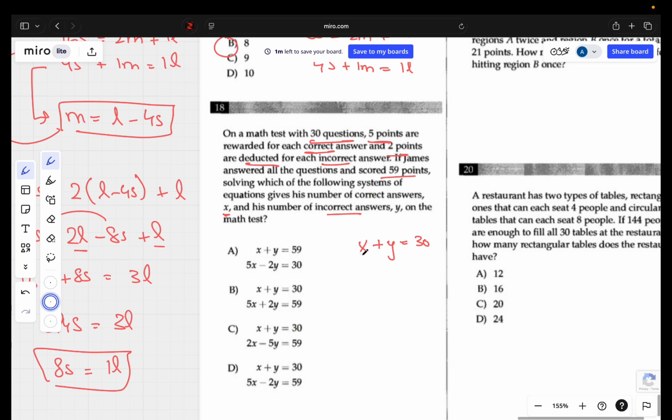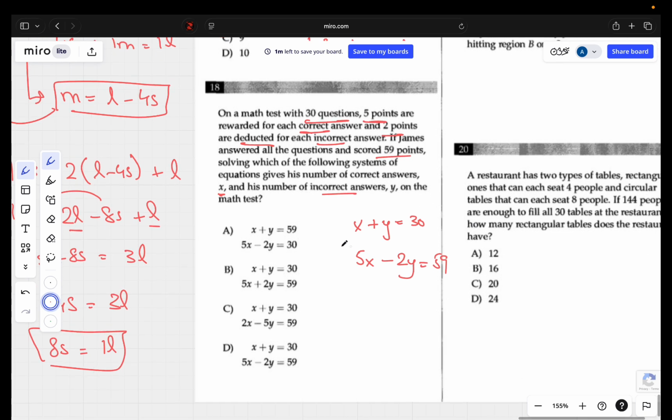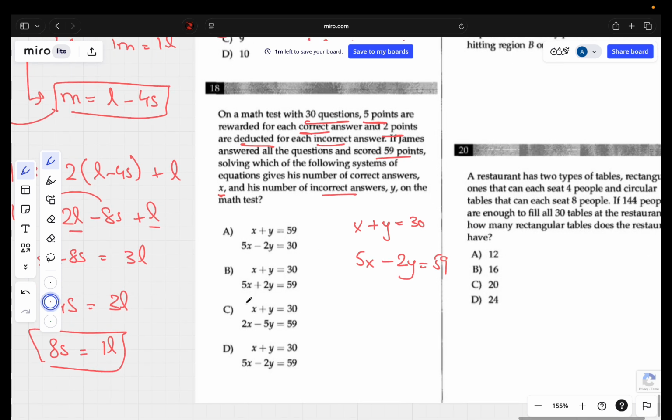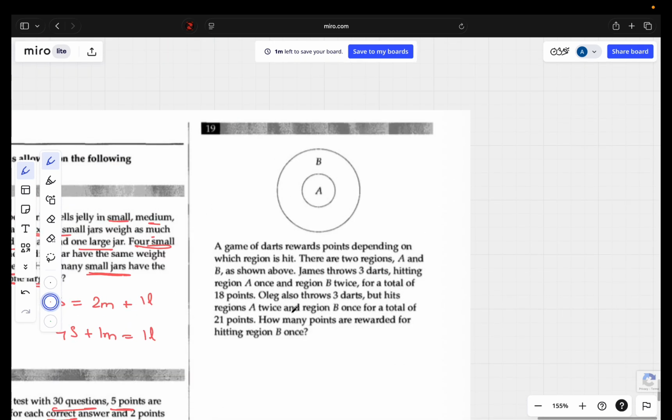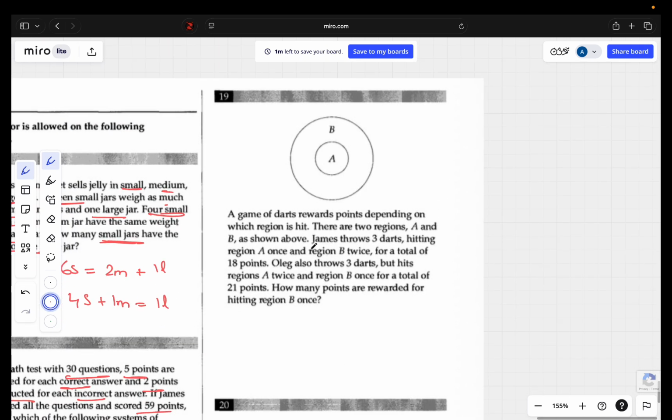He gets 5 for every correct answer, so 5x is the total of points he received, and then minus 2 for every question he got wrong. So minus 2y, and that'll equal the number of points he got, which is 59. So that's going to be D.